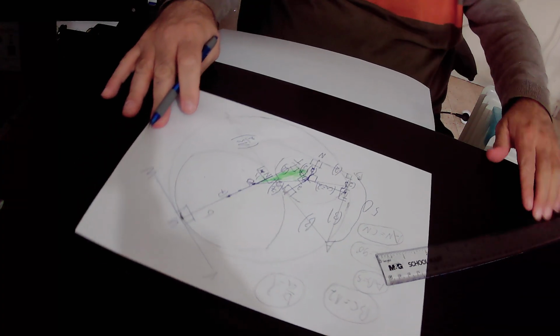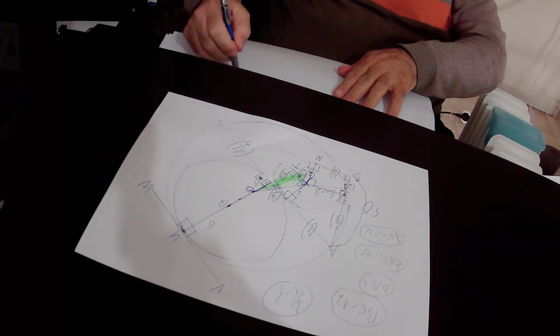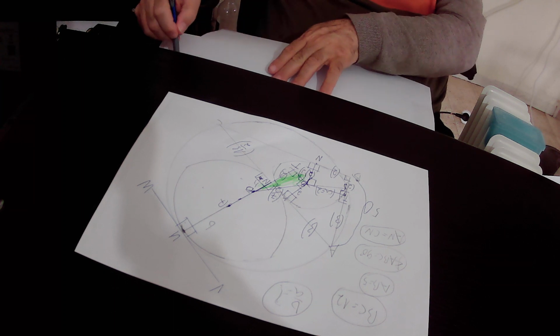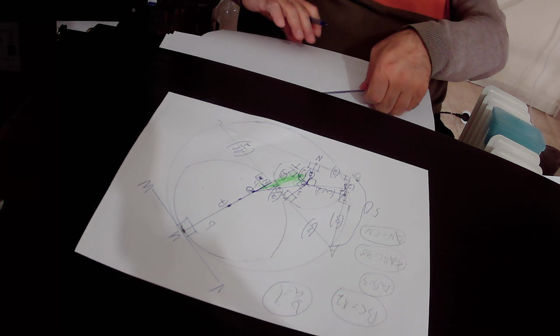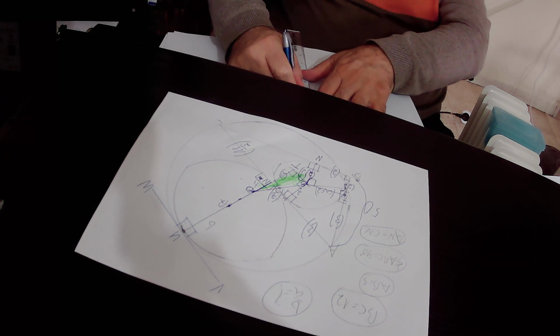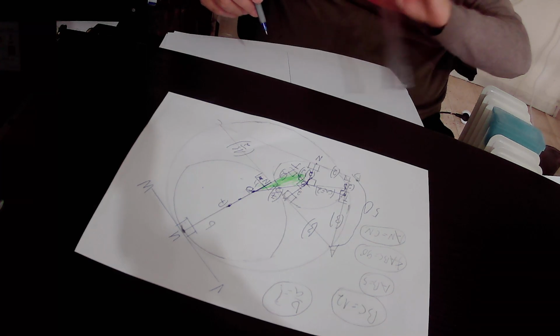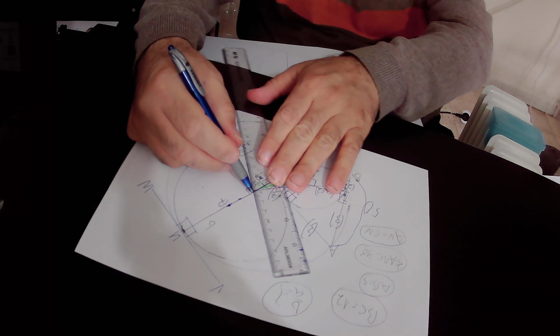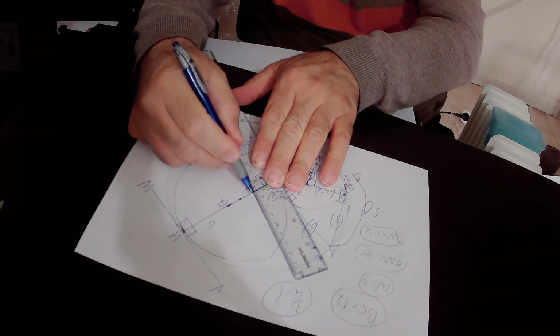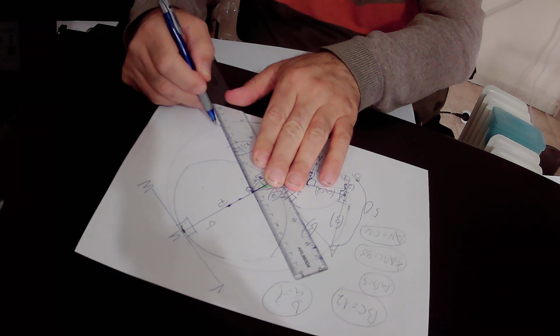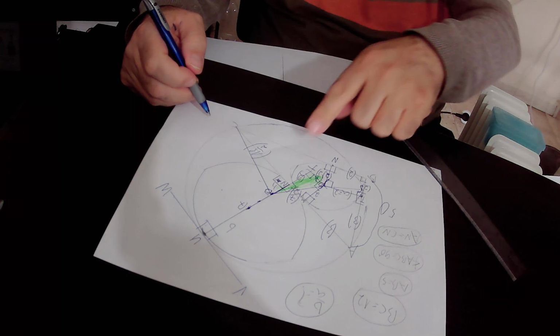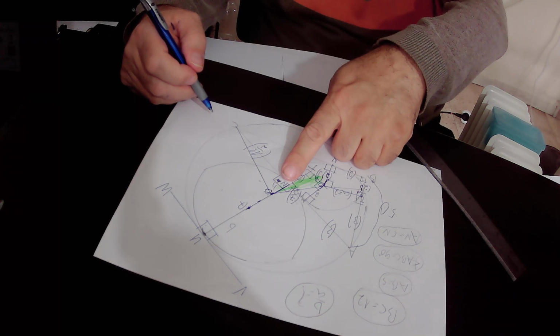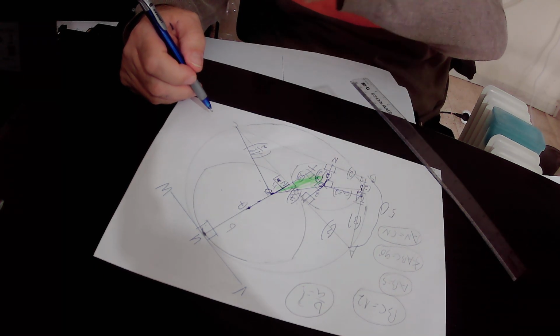In the next step, we join points O and C together by a straight line. What is the definition of the straight line OC? It starts from point O, that is the center of the bigger circle, and ends at point C, that is a point on the circle itself.